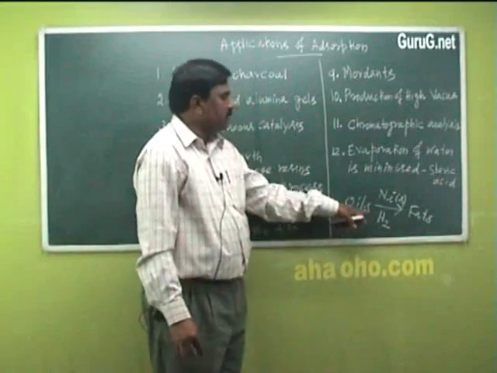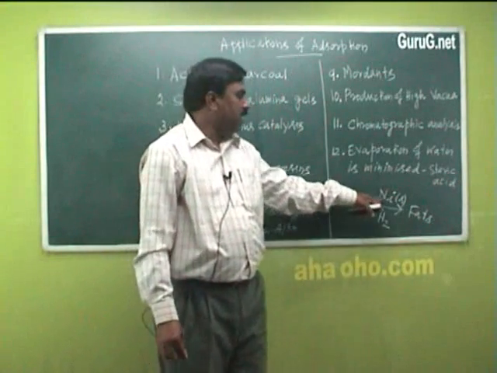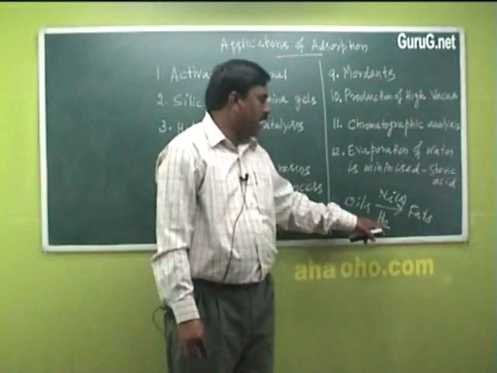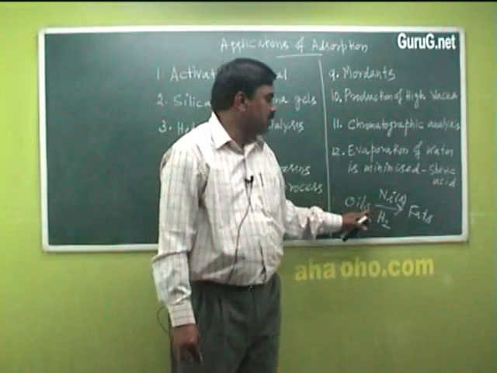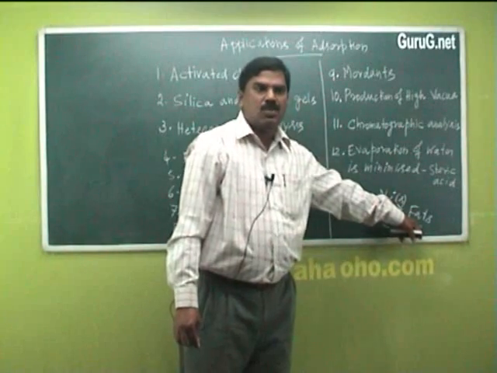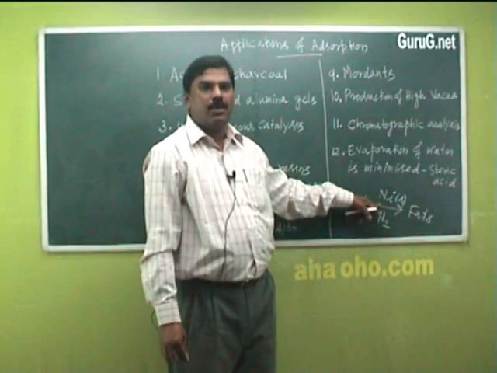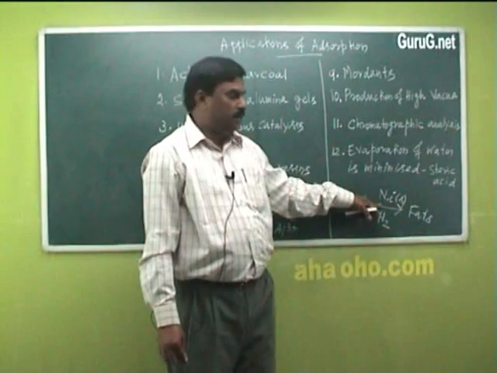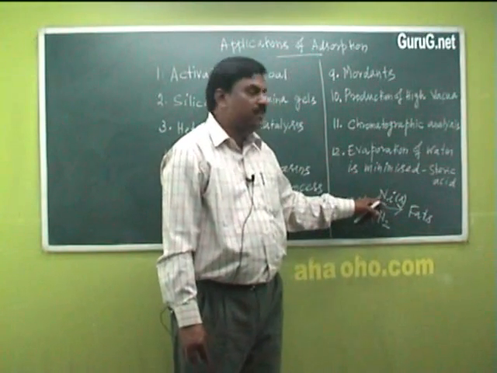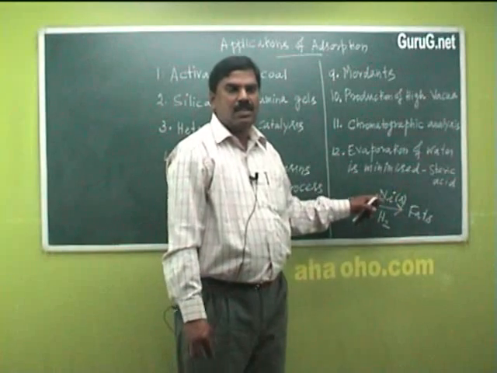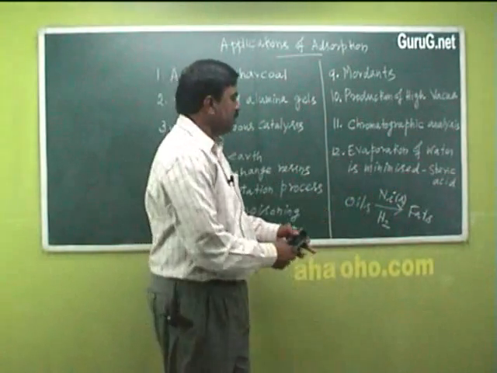The hydrogenation reaction takes place on the nickel surface. Both the oils and hydrogen are adsorbed on the nickel surface and converted into fats. So this is also one of the applications of adsorption. Here the rate of adsorption increases depending on the surface area of the nickel. This is also an example of heterogeneous catalysis.